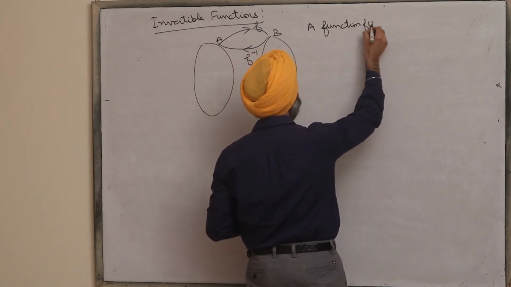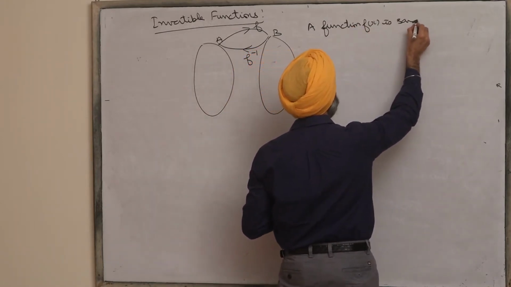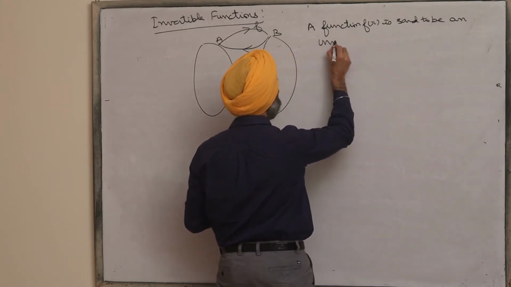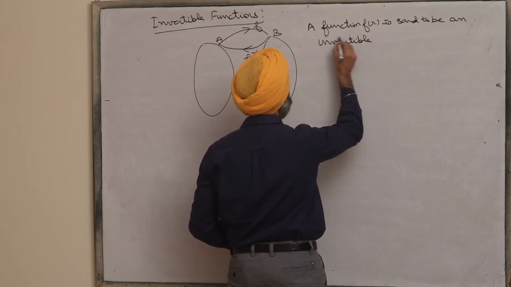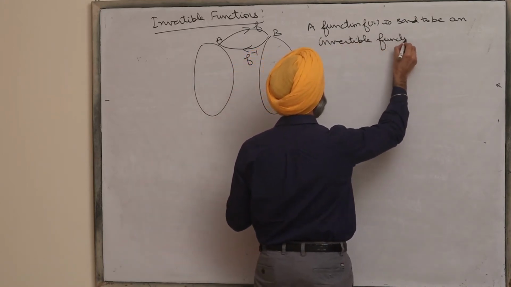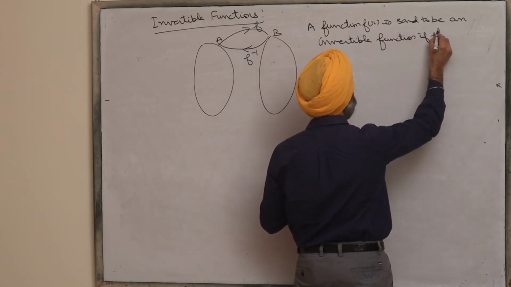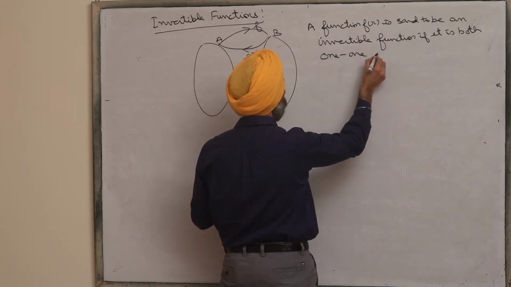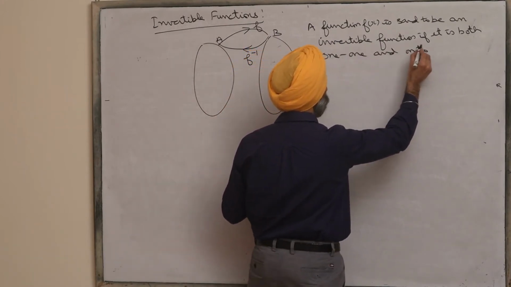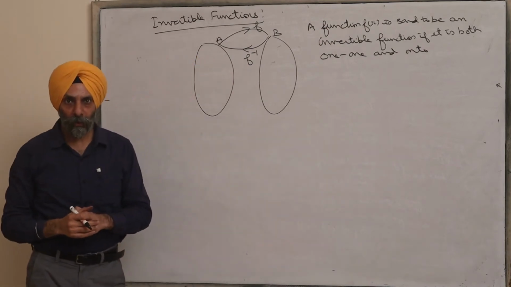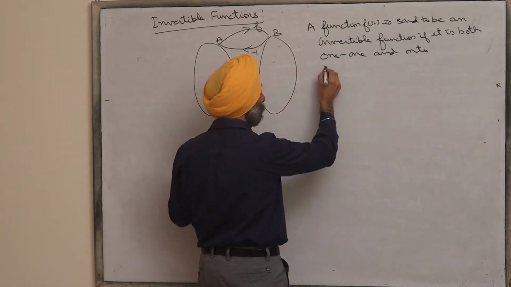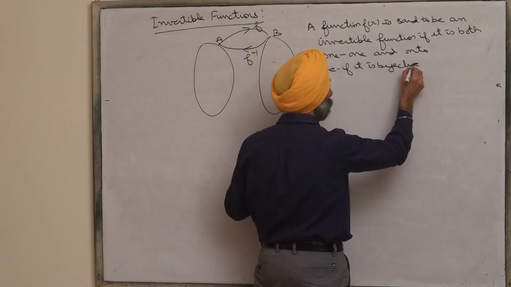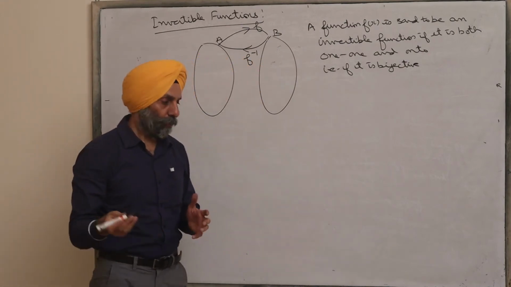A function f(x) is said to be invertible if it is both one-one and onto, that is, if it is bijective. Bijective means one-one and onto.